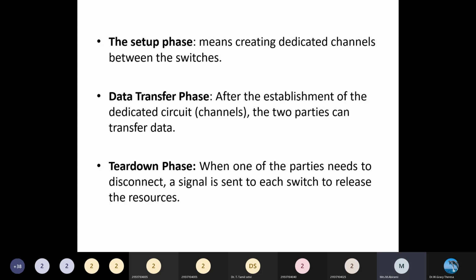Another one is the tear down phase of networking. Okay. So first of all, the setup phase means creating dedicated channels between the devices. So whenever there are two devices, what path is taken to carry data from one source to another destination.